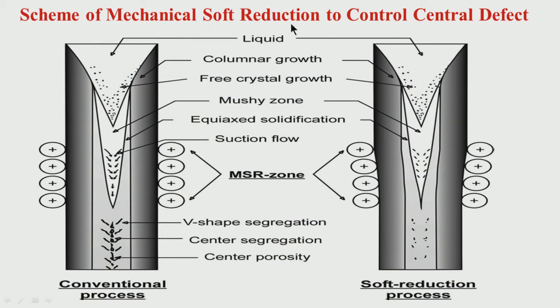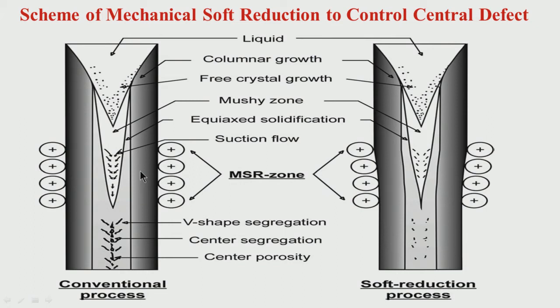Soft reduction basically means you are intentionally introducing a small amount of mechanical reduction in the central portion of the strand when it is getting finally solidified.